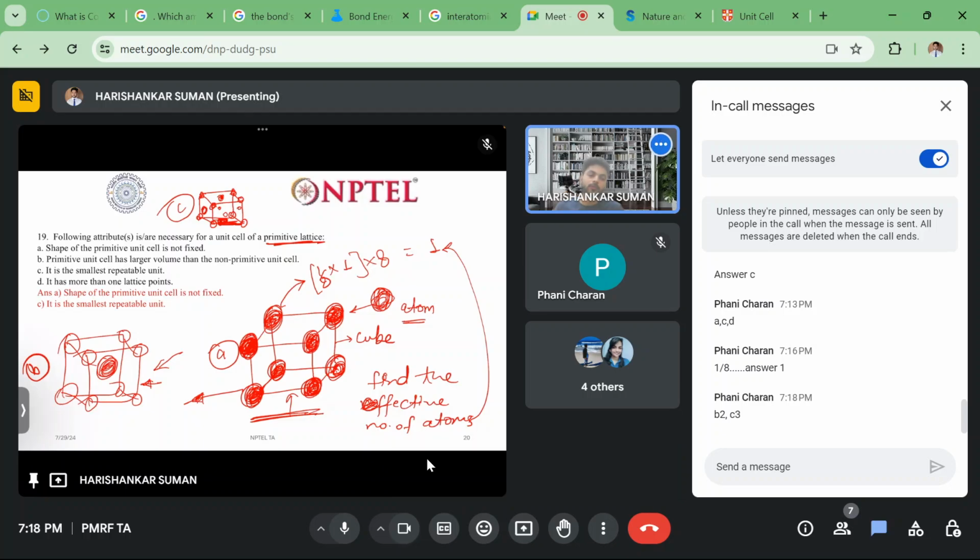A should be 1, B should be 2 and C 3. So which one is primitive and which one is non-primitive?